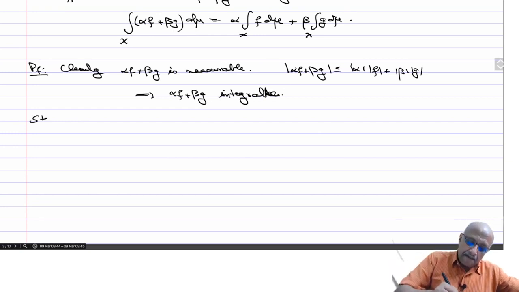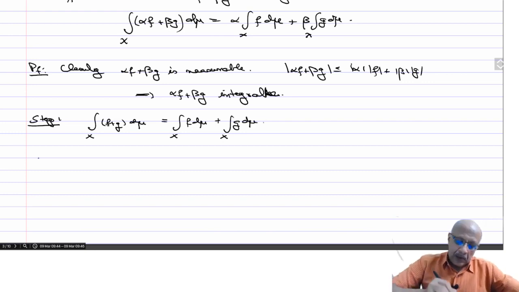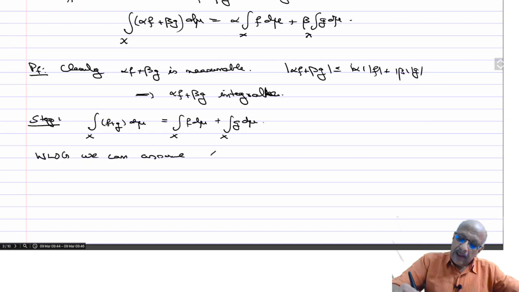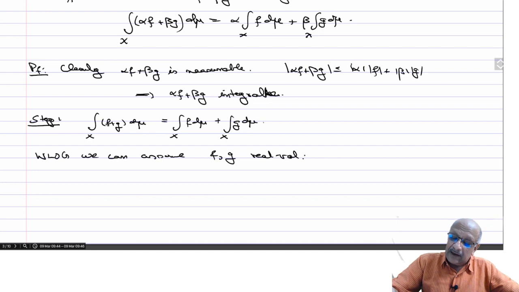So step 1: the integral over X of f plus g dμ equals the integral over X of f dμ plus the integral over X of g dμ. Without loss of generality, we can assume f, g real valued, because for the complex case you just have to break it up into real and imaginary parts and define the integral, and therefore it's enough to prove for the real case.